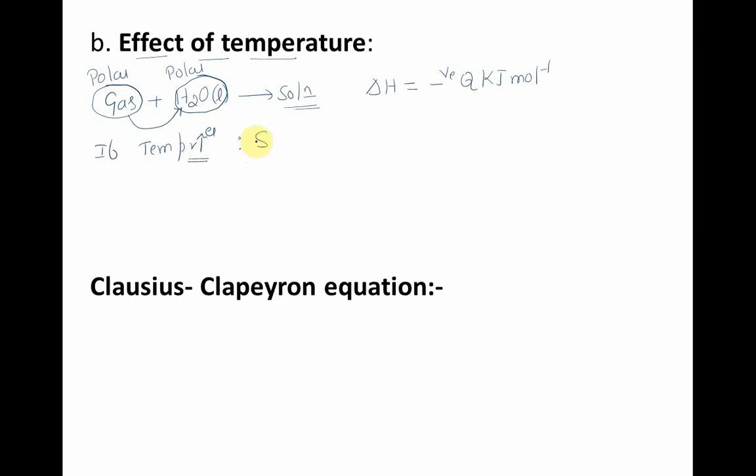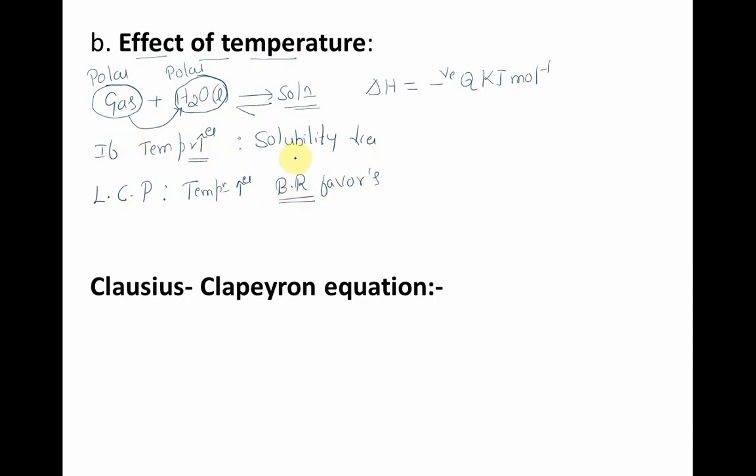suddenly solubility decreases. The reason is, according to Le-Chatelier's principle, whenever the temperature increases during this solubility process, the backward reaction is favored.